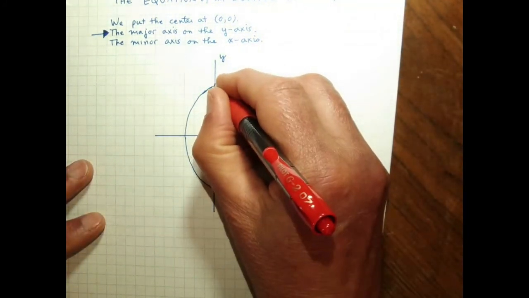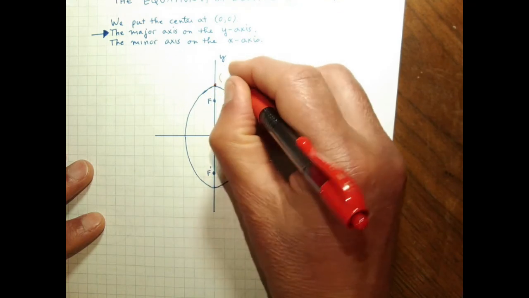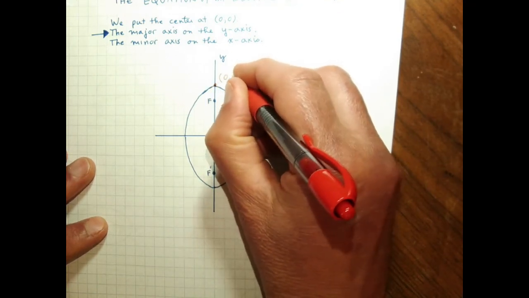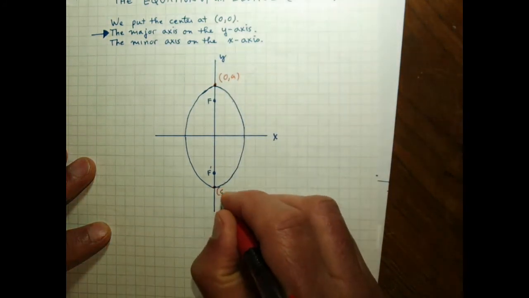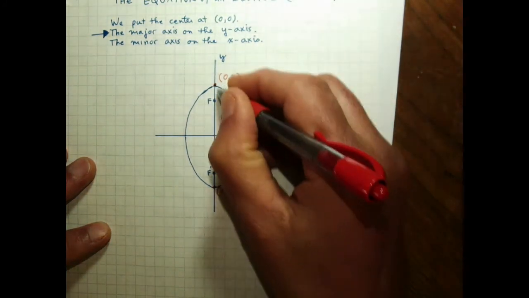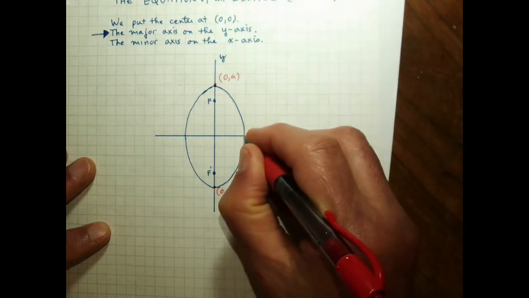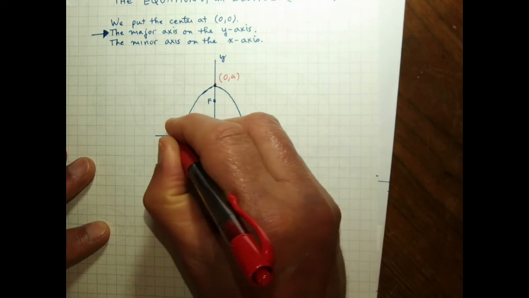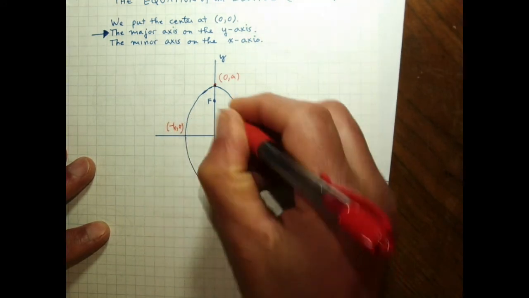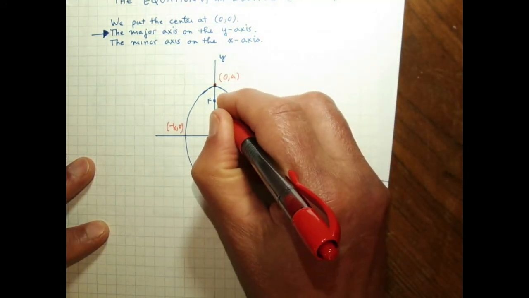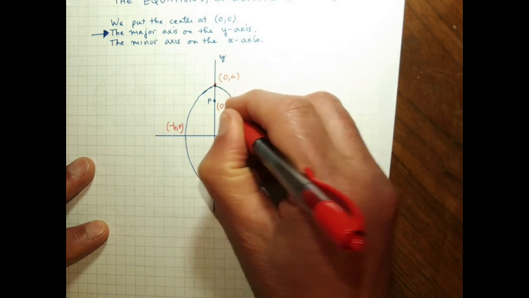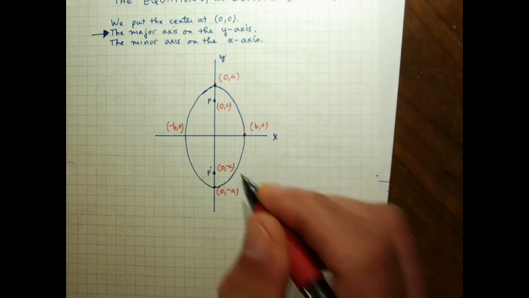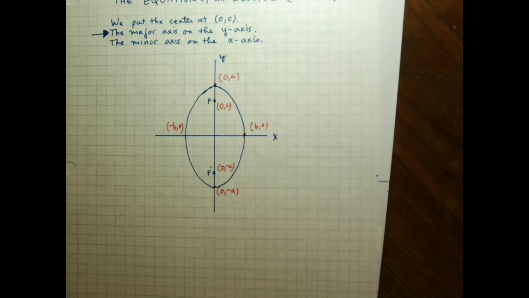We are going to label the y-axis vertices as 0, a and 0, negative a, because we like to use a for the major axis, the longer of the two. So the x-intercepts would be b, 0 and negative b, 0. The two foci, since they're on the y-axis, would be at 0, c and 0, negative c.